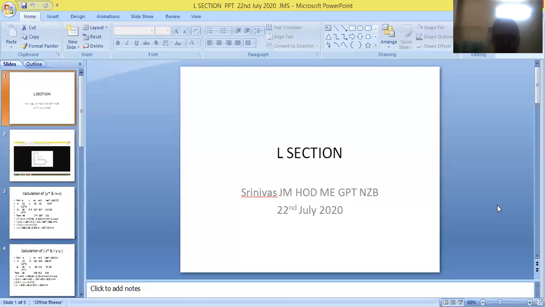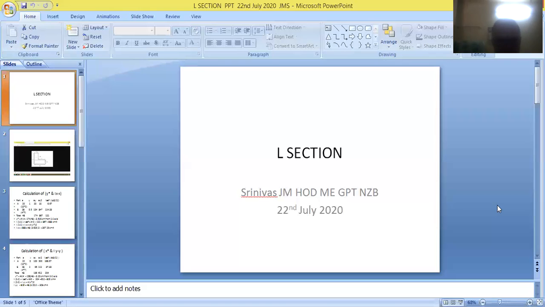Without making X bar and Y bar calculations, it is not possible to calculate the values of Ixx and Iyy.